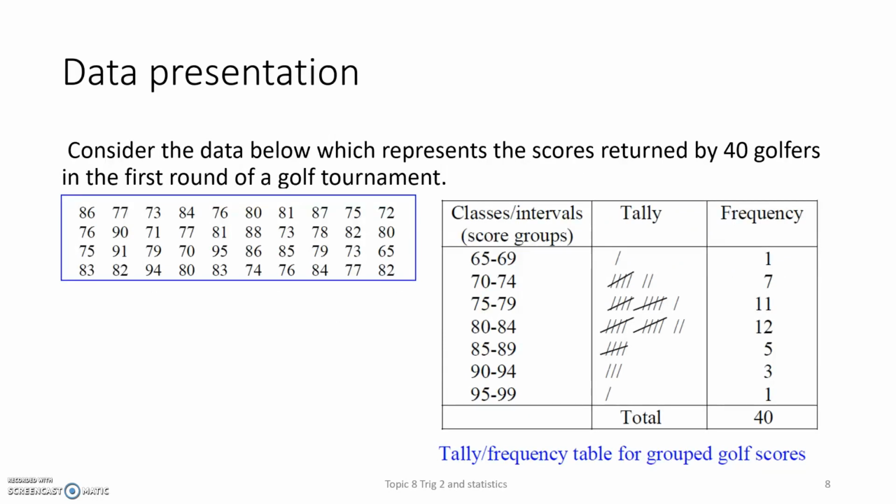Here is some more data that's been taken and turned into a frequency table, but this time, if you notice, it's not just every single piece of data that's represented, it's a class of data. So we look at a score, say 86, and then we look over here and we say, well, 86 is between 85 and 89, so we make a mark in here, and so on for all of the data.